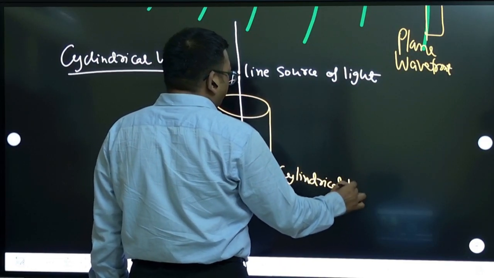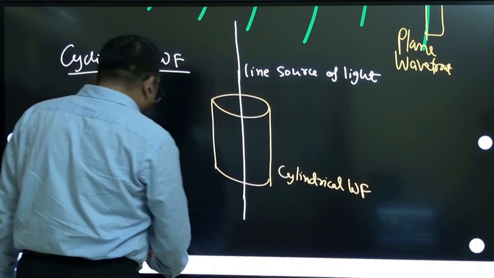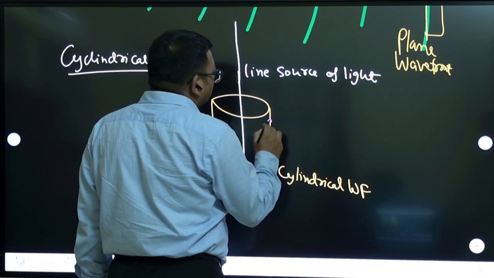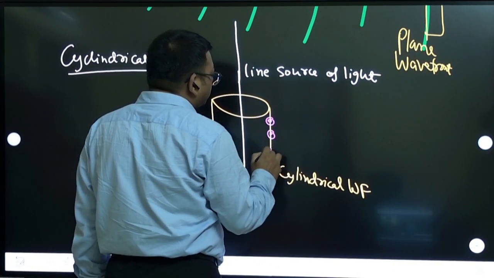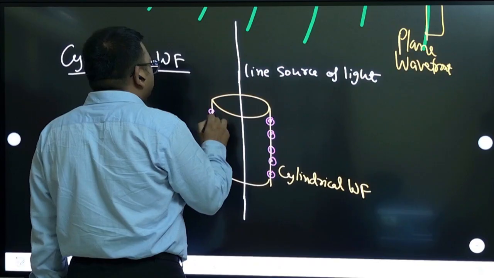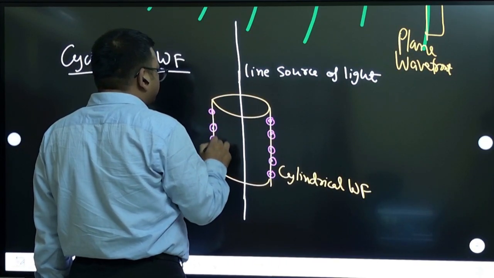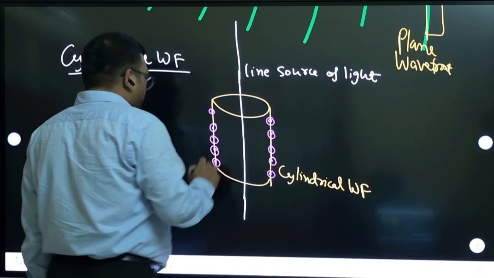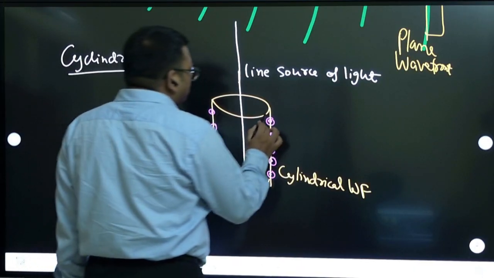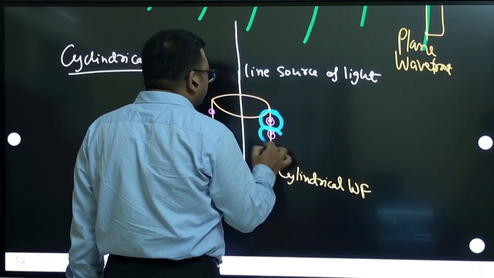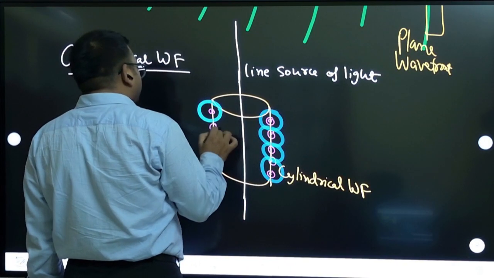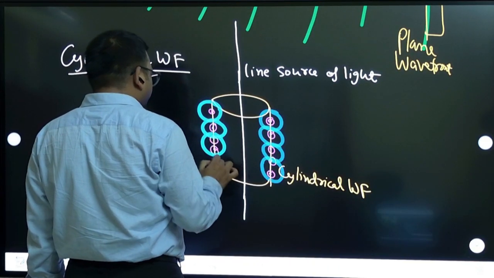Now each point on this cylinder will behave like a secondary source. So let us take this point, this point, this point. So many points are going to behave as secondary sources. They will start producing small spherical wavefronts.